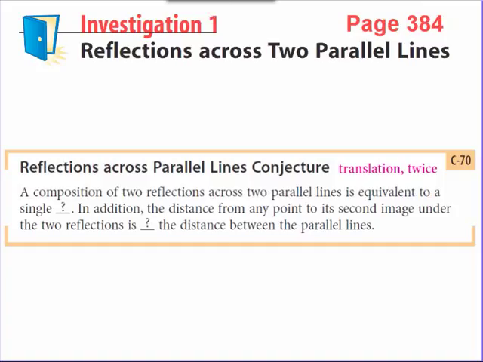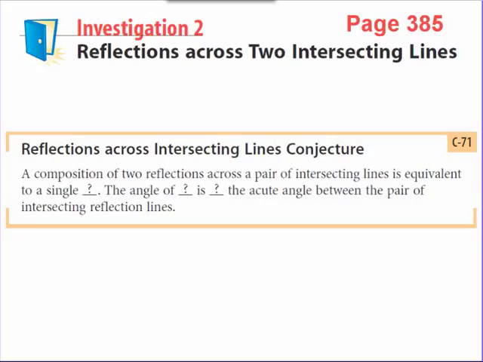On page 385, there's another investigation, the reflections across two intersecting lines. We start with an image, we reflect it, and then we draw another intersecting line, and we reflect it again. So when you look at that original figure from step 1 to step 7, what does it look like? A rotation, very good.